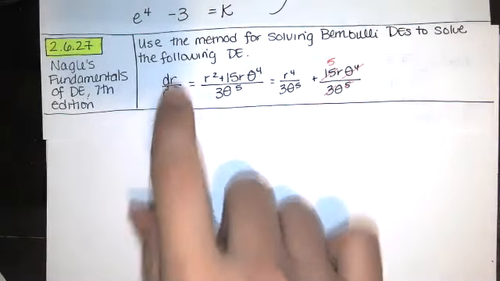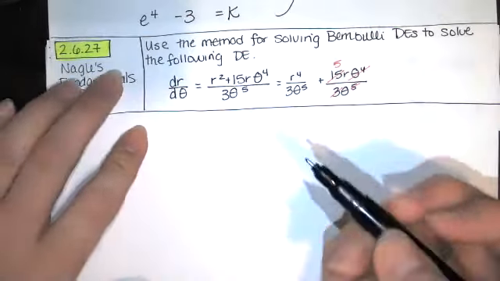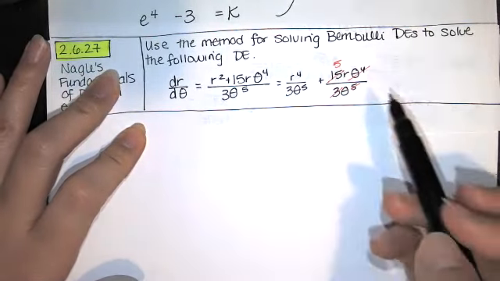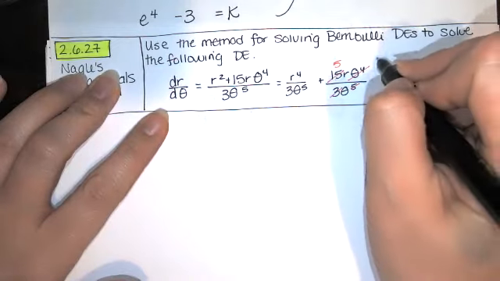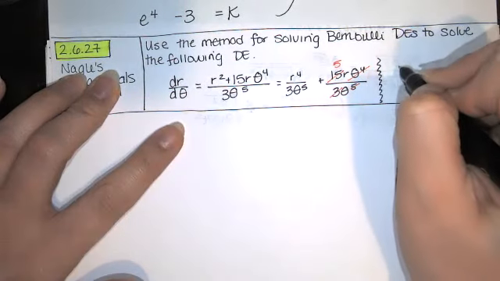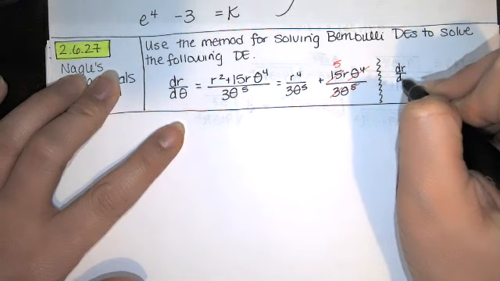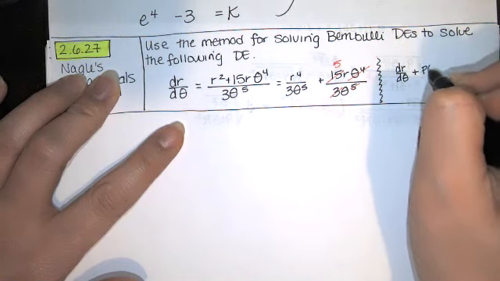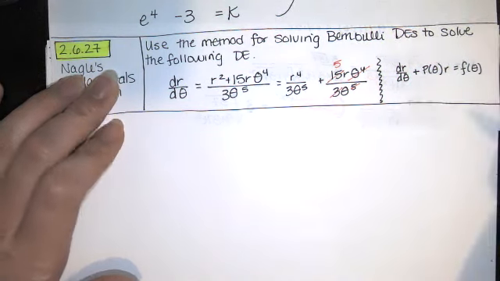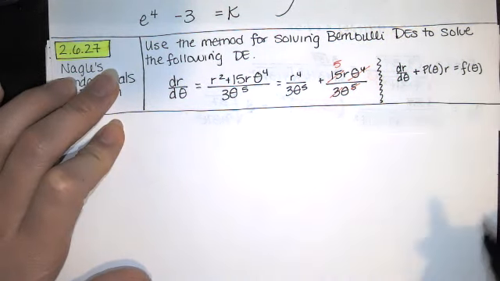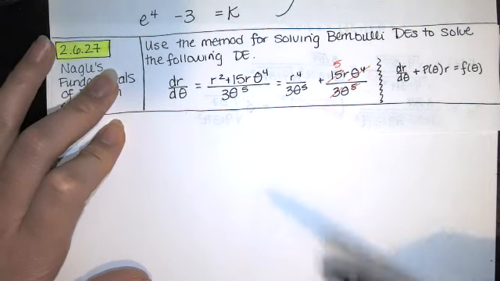Notice that the dependent variable is r. What I want, when I write this differential equation in what we've been calling standard form, is dr/dθ plus a function of theta times r equals a function of theta. I know the variables are different, but r is playing the role that y typically plays, and theta is playing the role that x or t typically plays.